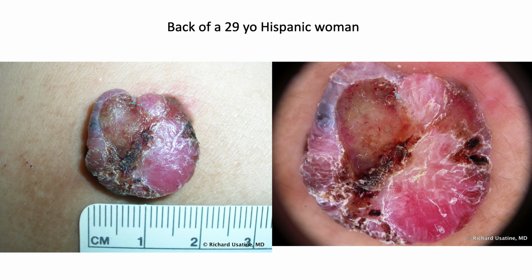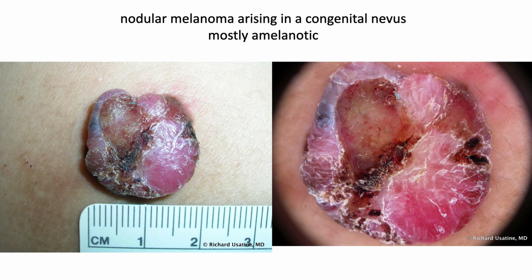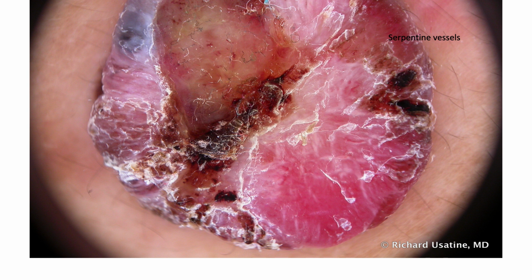Here's this lesion on the back of this 29-year-old Hispanic woman, noted right after pregnancy, and got this pink area here, very, very pink. Most of the vasculature, and as we look at it more closely with our dermatoscope, we not only see this pink area here, but we see white lines.